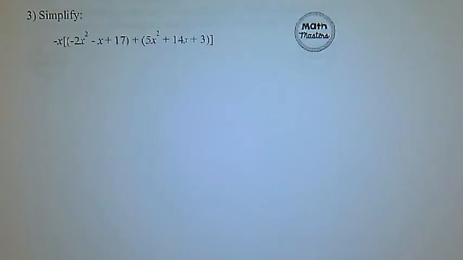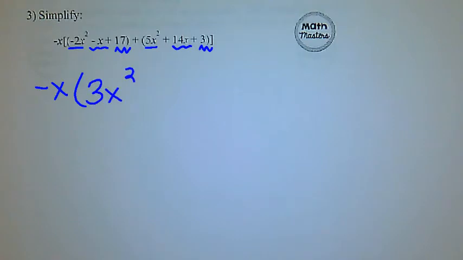All right, so again, I'm going to combine like terms first, okay? All right, so keep that negative x on the outside. This is still positive, so as I combine them, I can just take that away. So I have a negative 2x squared and a positive 5x squared. So that gets me a 3x squared.